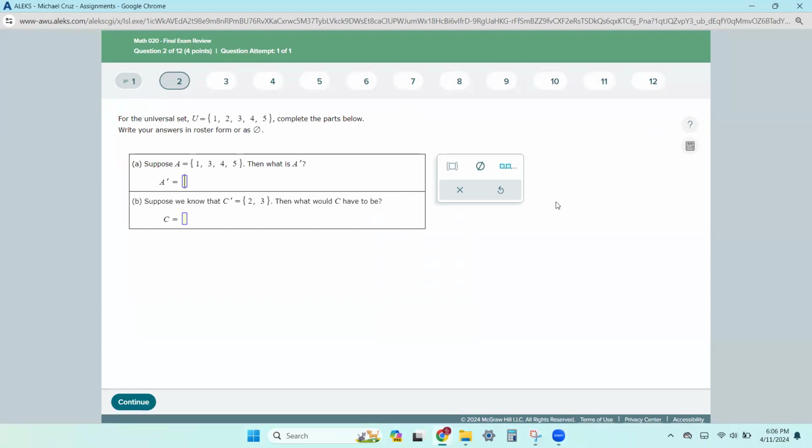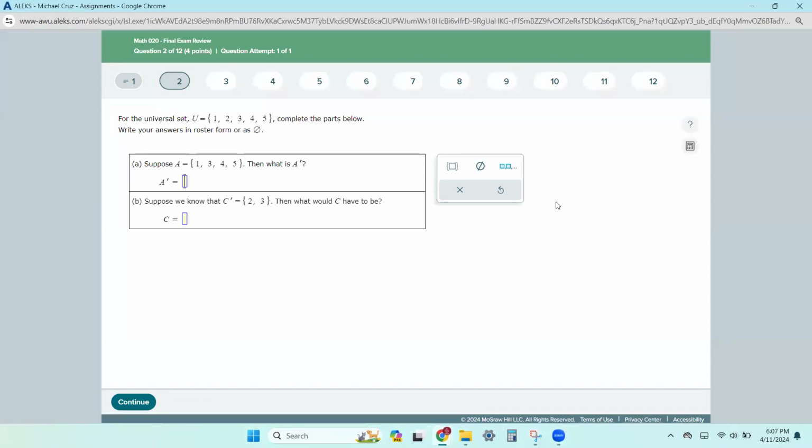Now this one looks kind of complicated. It looks like there's two parts to it. But the good thing is that you're being asked to find the complement of a set given the set, and then you're asked the opposite thing. You're given the complement of a set and asked to find the original set.